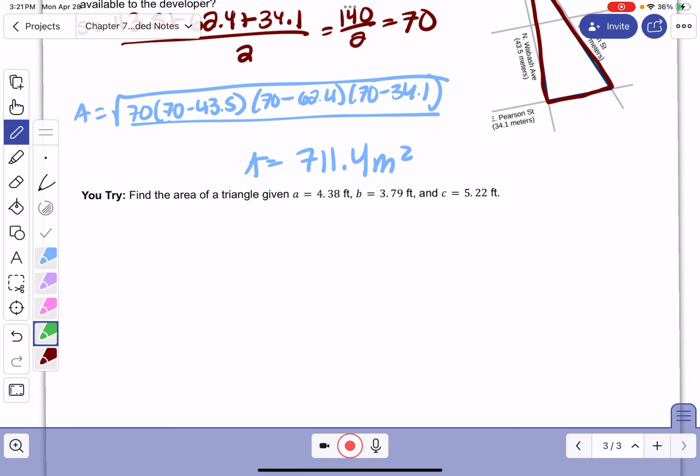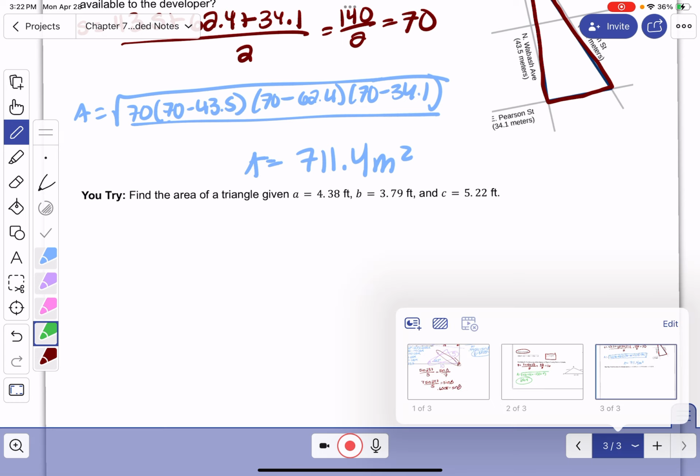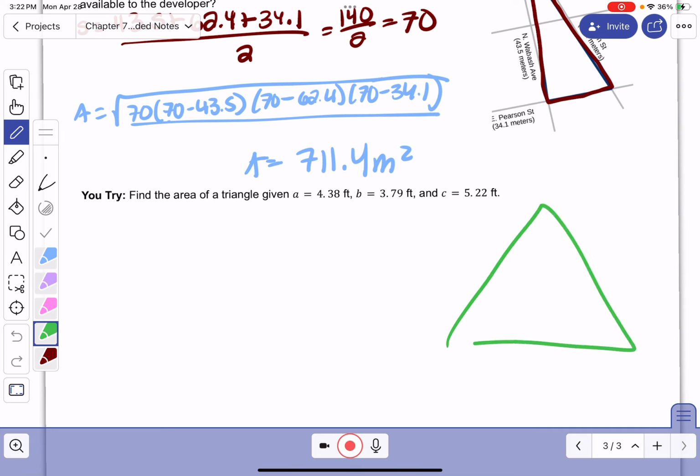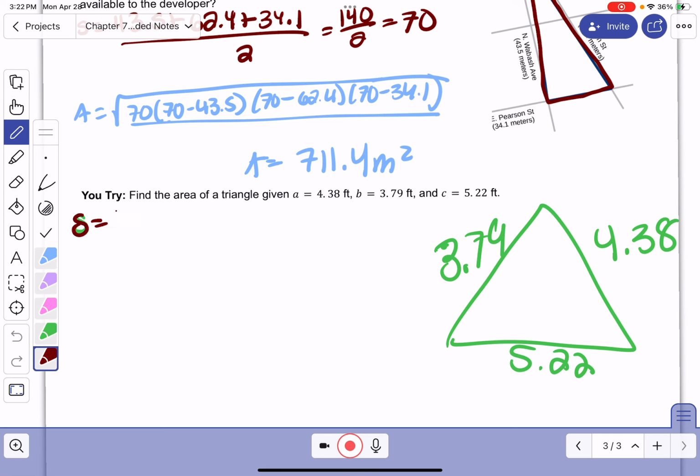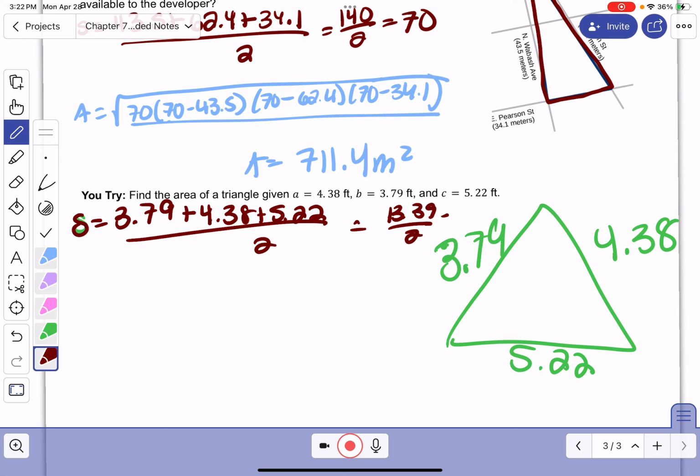So there's one more example here. So why don't you go ahead and pause the video, try that, and see how you do. All right, so A, 4.38, B, 3.79, C, 5.22. So first we're going to find S, add those three numbers up. And we get 13.39 divided by 2 is 6.695.